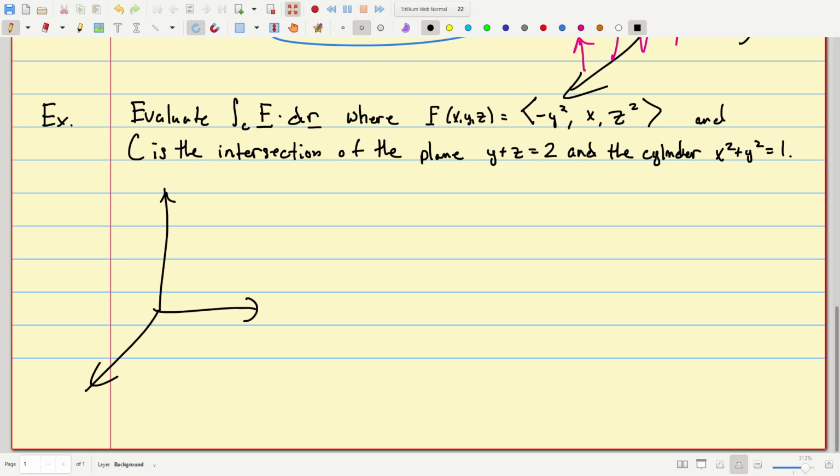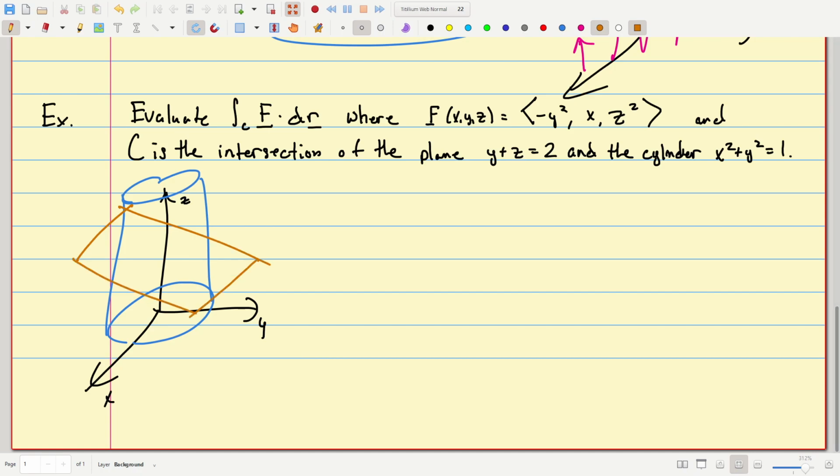We make a sketch. We have the cylinder of radius 1 that looks like this. Okay, quickly sketched. XYZ here. And then we also have some plane that comes through and cuts like this.